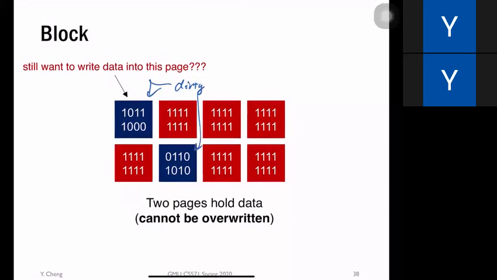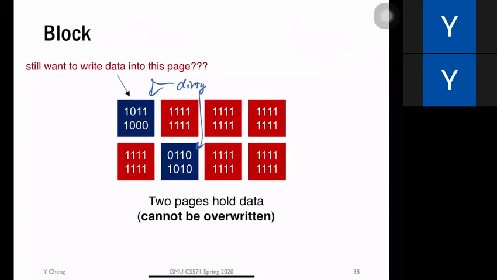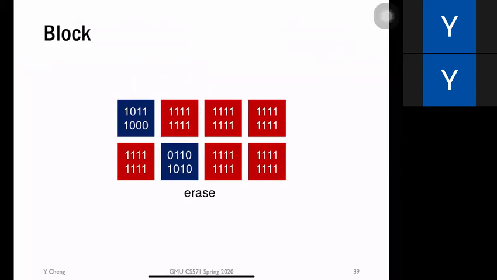So you need to erase this whole flash block. By erasing, it basically flips all zeros into ones.